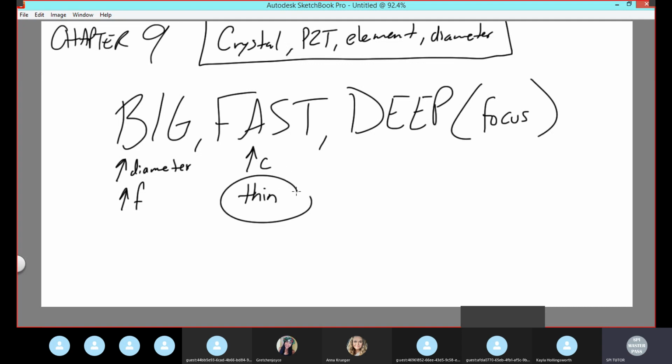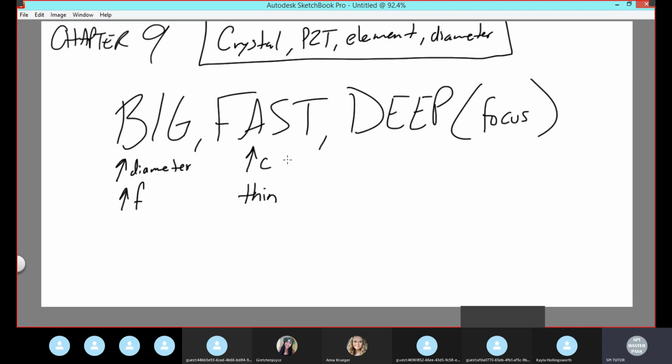Well, if it's thin, I think about someone who is thin, someone who is skinny, and someone who is skinny can run fast. At least they can run faster than someone who is thick-boned, right? So that's how I remember that thin falls under fast. Okay, because I just think about a skinny person running fast. All right.